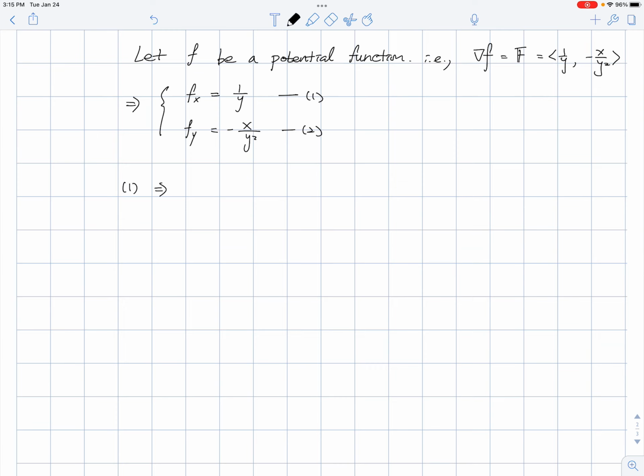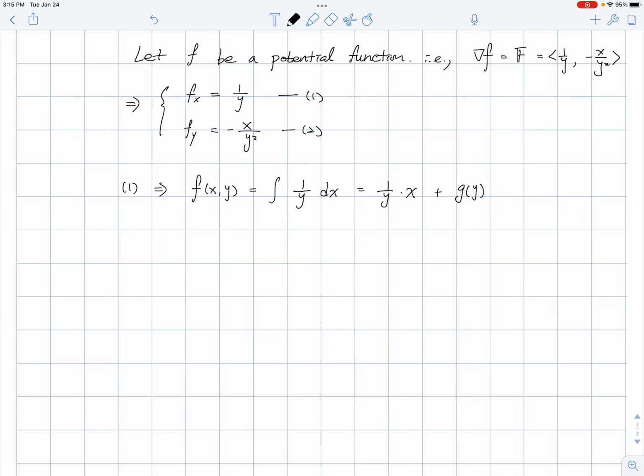So equation 1 tells you that if you integrate the function with respect to x, then you'll get an idea of what the function f should be. So that'll be x over y, because 1 over y you are seeing as a constant, right? So what you have is the constant times x, plus a constant in the eyes of x.